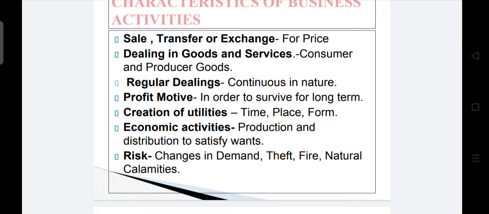Risk in business, we have risk. So it implies the uncertainty of profits or possible loss.